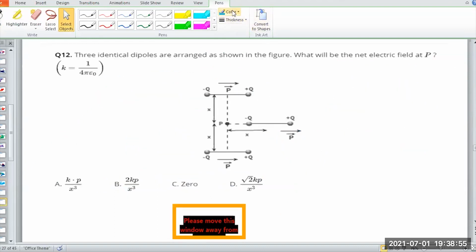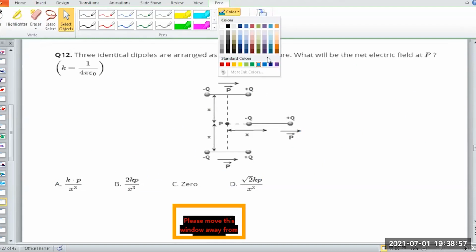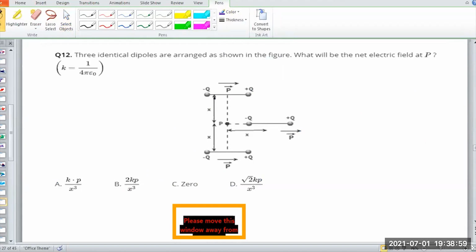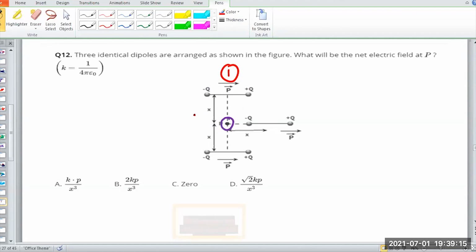Next. Now you can see here I have to find the electric field due to the first dipole. Dipole 1 is on an equatorial point, and this is plus, this is minus. So E1 is along this.